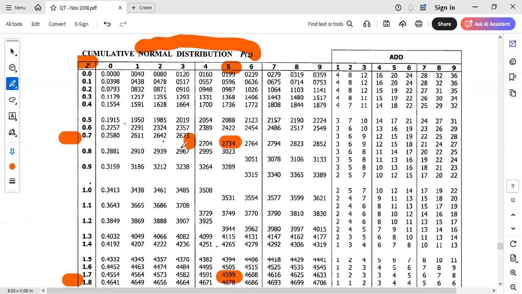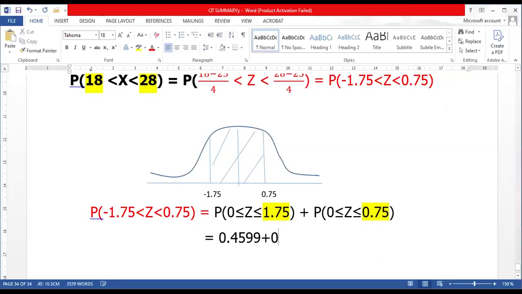You first see where 0.5 is, then column 5 is here. This is 0.2734. Are we all okay? Yes, we are following.